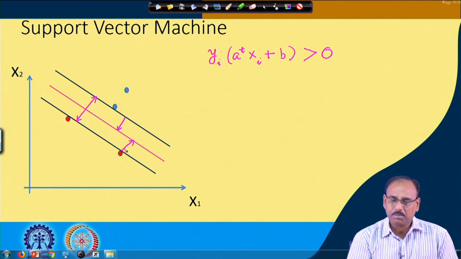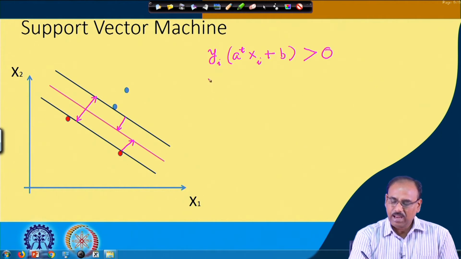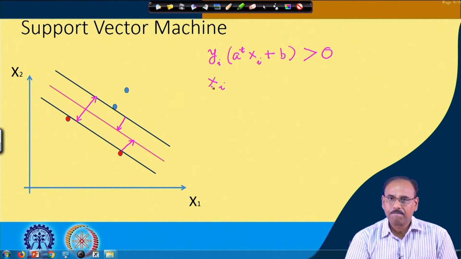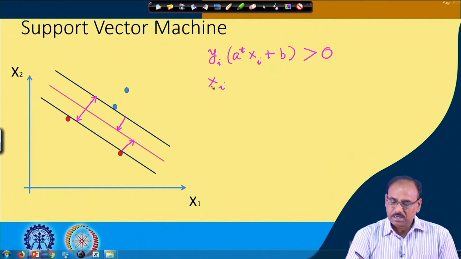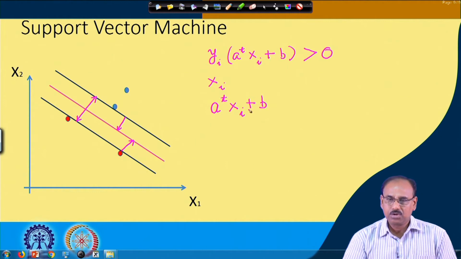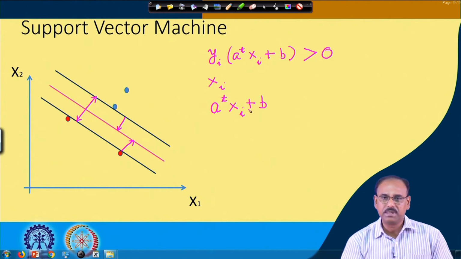But as I am talking about the margin, I want that for correct or reliable classification, for every x i, the distance from the separating plane must be more than a certain threshold. That distance, as we said earlier, is measured by A transpose x i plus b. If A transpose x i plus b equals 0, that means x i falls on the separating plane, in which case the distance of x i from the separating plane is 0.